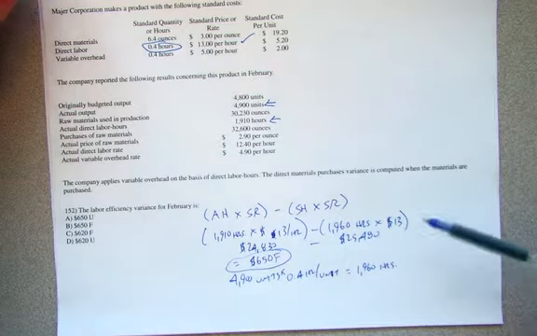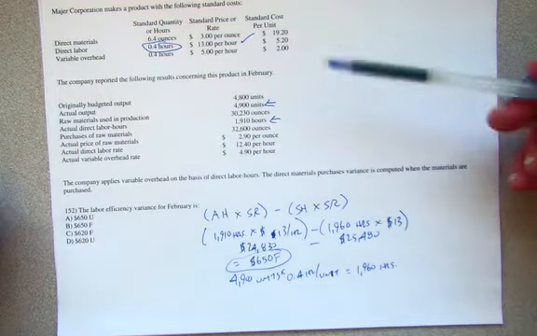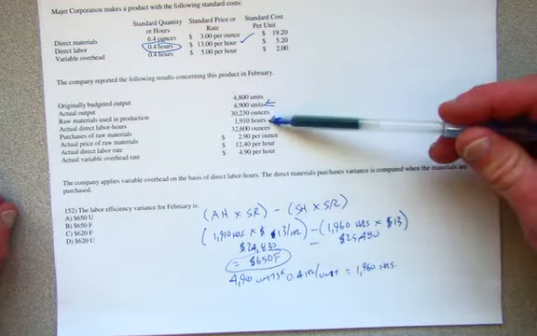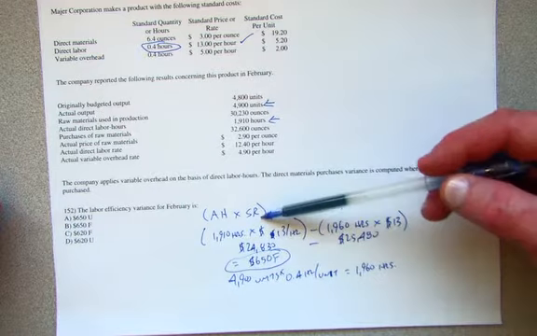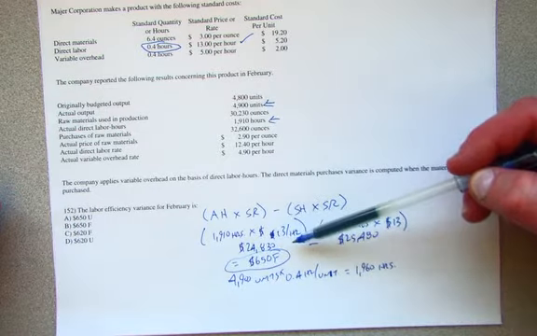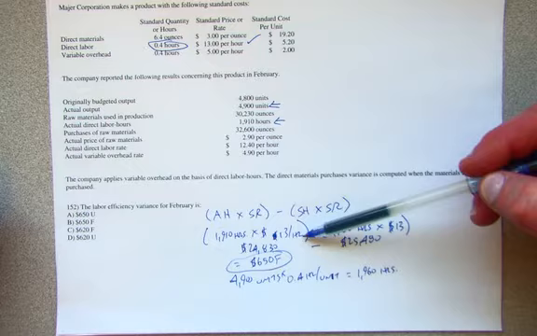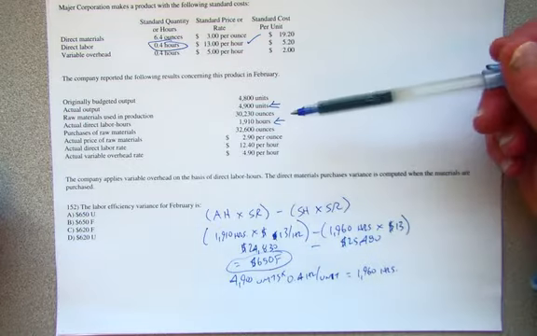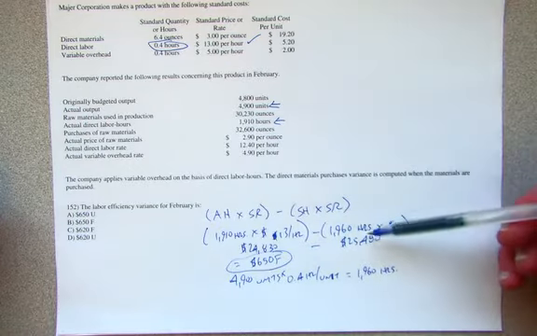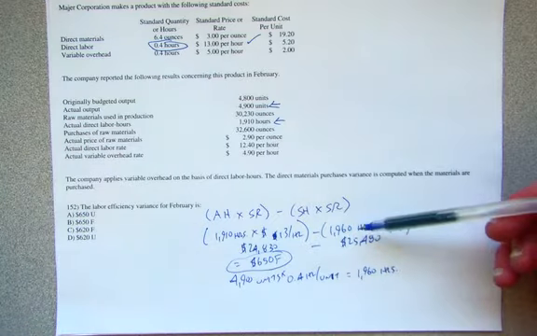So plugging this in here, the actual number of labor hours was 1,910. The standard rate, in other words, what we're supposed to pay people, is $13 per hour. The standard number of hours that they should have worked is 1,960.